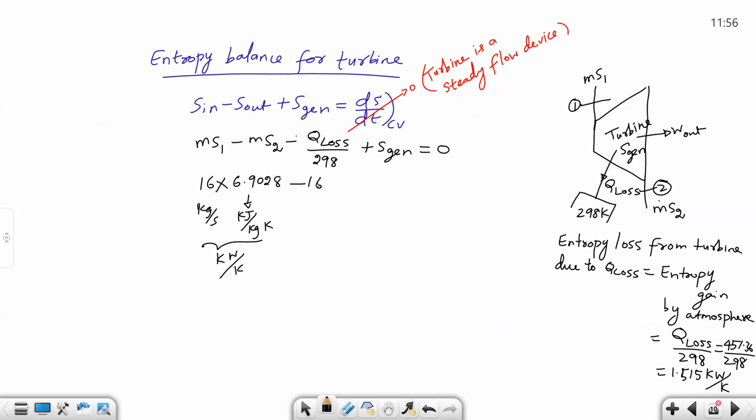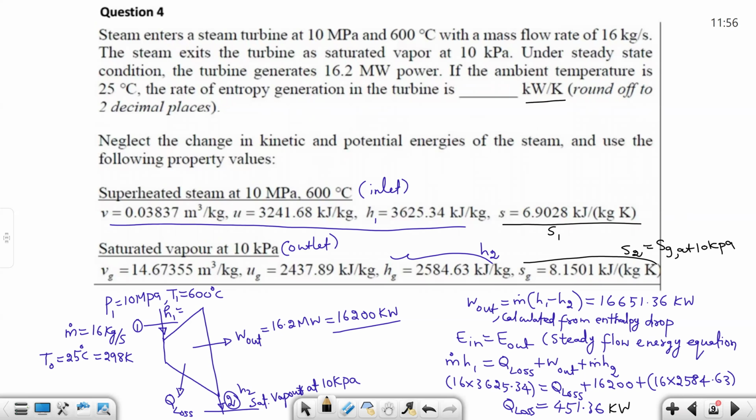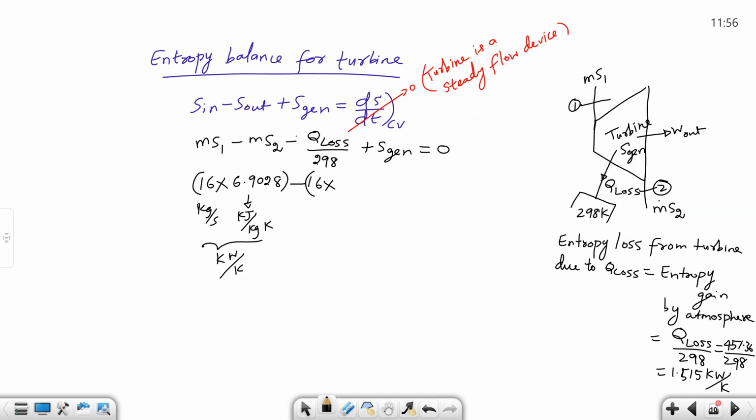Then 16 into S2. S2 is 8.1501. So here also the same, kilojoule per kg Kelvin, times kg per second.